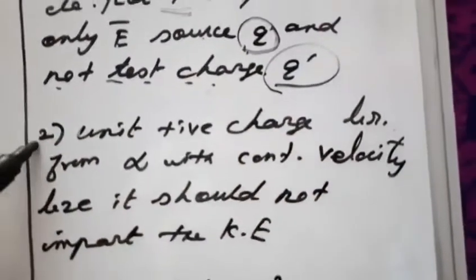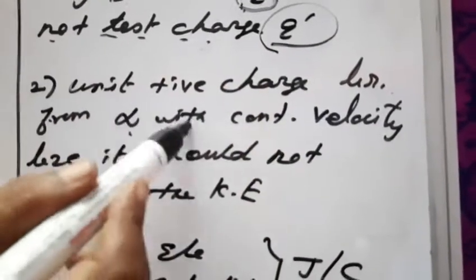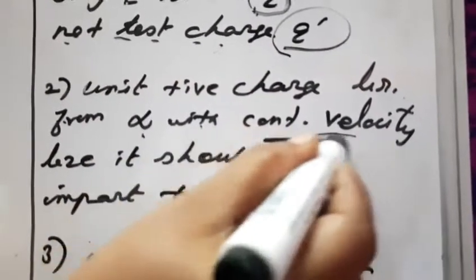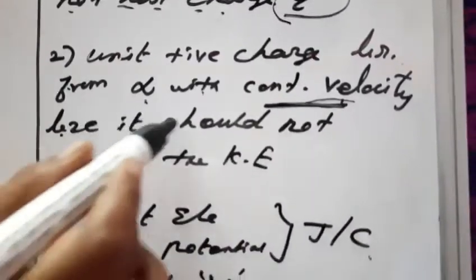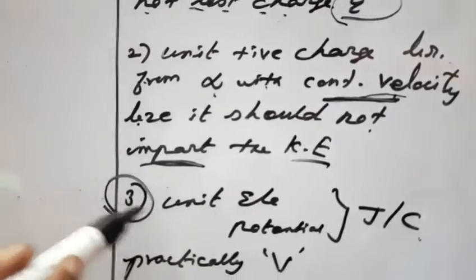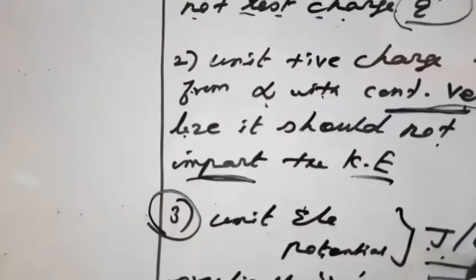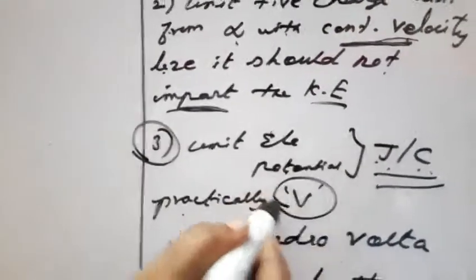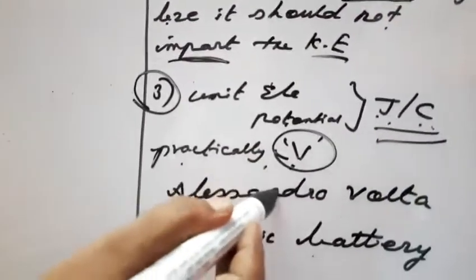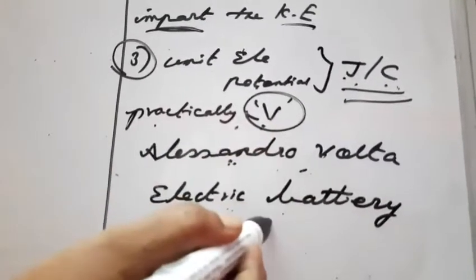Second point: the unit positive charge is brought from infinity with constant velocity, because it should not impart kinetic energy. The third point is that the unit of electric potential is joule per coulomb, but practically we use the volt, named after Alessandro Volta, who invented the electric battery.